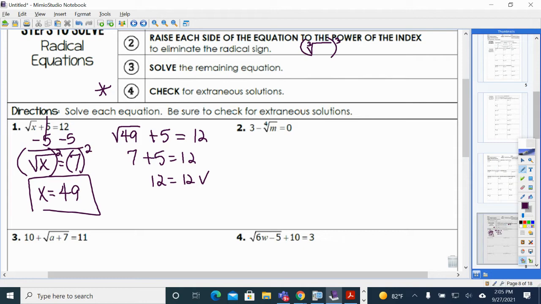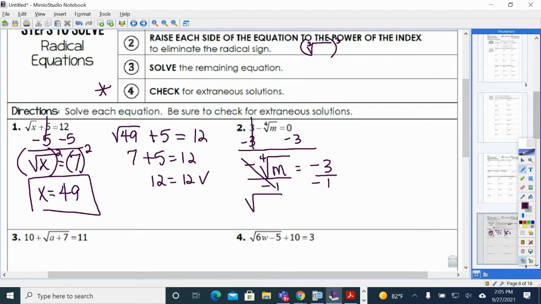So let's look at example number 2. It says 3 minus the fourth root of m equals 0. So to isolate this radical, we're going to subtract the 3. Notice there's a negative or a minus sign in front of this radical. Don't lose it, because to isolate that, we're going to have to divide both sides by negative 1.